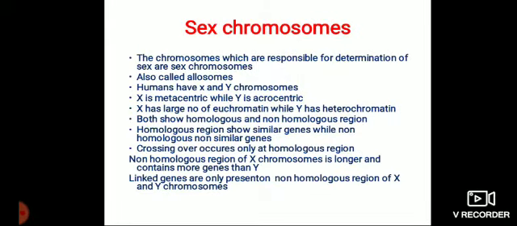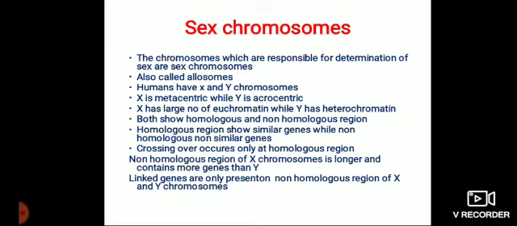Sex chromosomes. Now in the human there are 44 autosomes, meaning 22 pairs, and 1 pair of sex chromosomes. If there is an XY combination, it is a male child; XX combination, a female child. So there are 2 sex chromosomes. They are also called allosomes. The X chromosome is longer than the Y chromosome.